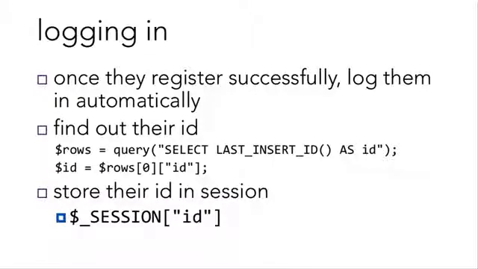That stores the result from that query inside of rows. But rows is actually going to be an array, so you need to access the first element of that array and then the id, because that's an associative array. Great. And then you have their ID successfully registering from the site, and they can proceed from there.